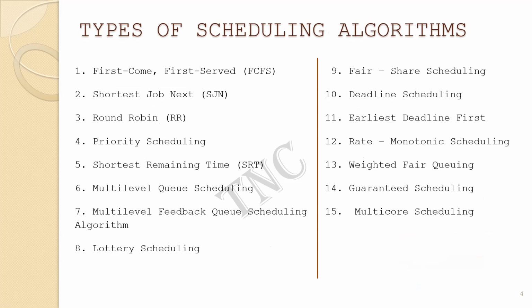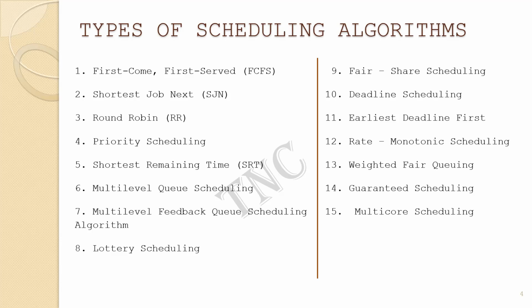Let me tell you all the 15 scheduling algorithms. The first one is first come, first serve. Second is shortest job first. Third is round robin. Fourth is priority scheduling. Fifth is shortest remaining time. Sixth is multi-level queuing scheduling. Seventh is multi-level feedback queuing scheduling algorithm.